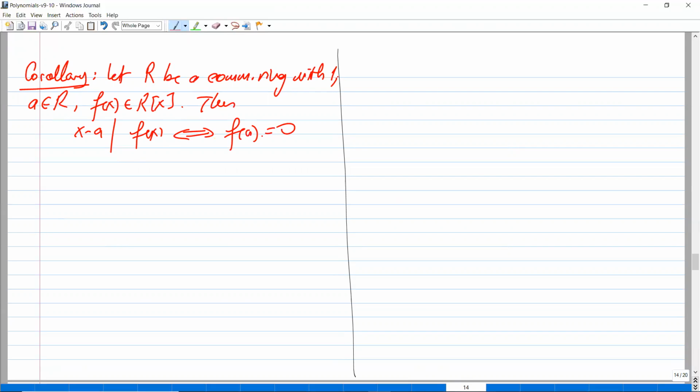It follows directly from the above theorem, which I will not write explicitly.